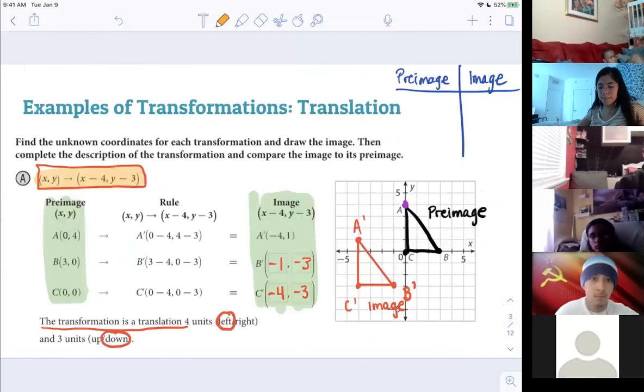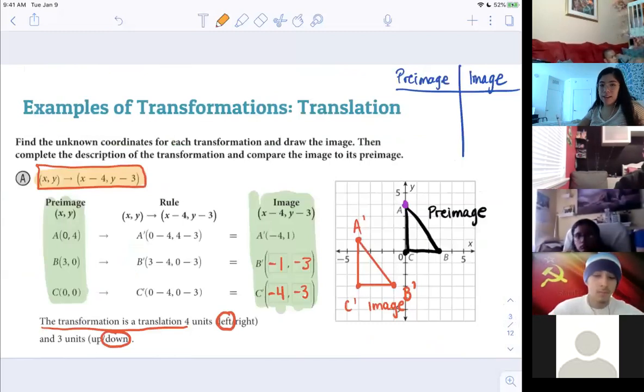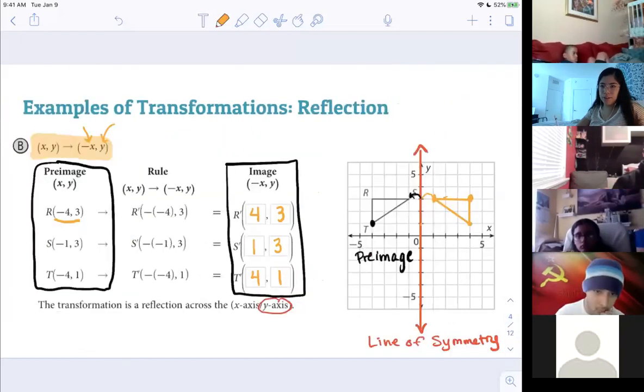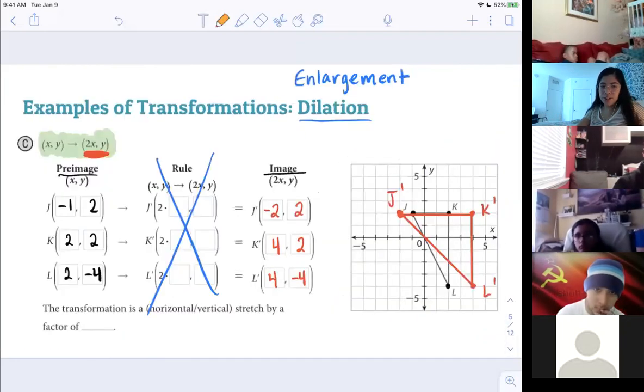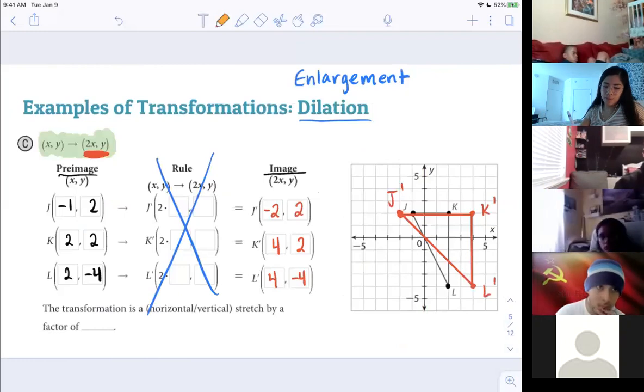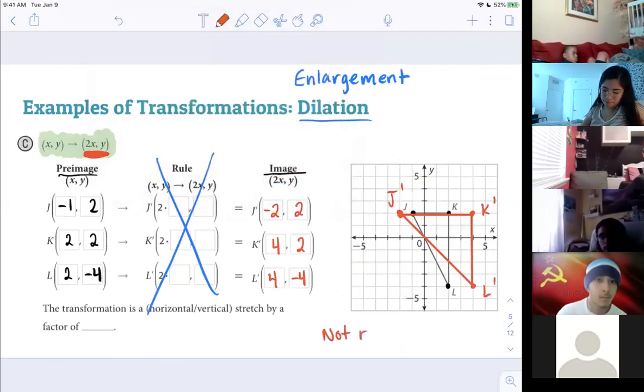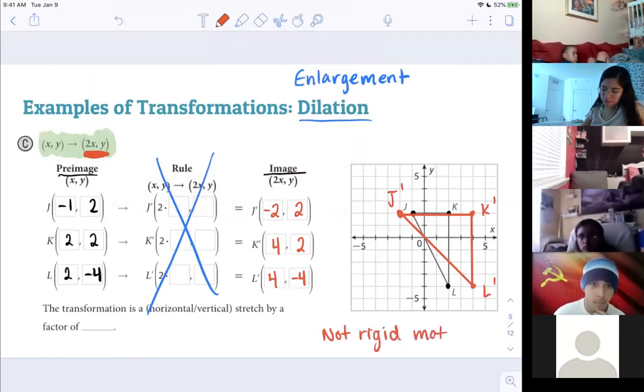Yes, because it stayed the same size, the same shape. Is this rigid motion? Yes. Is this rigid motion? No. Why not? Because it changed the size. Exactly. Not rigid motion.